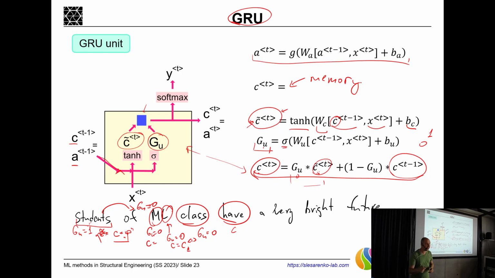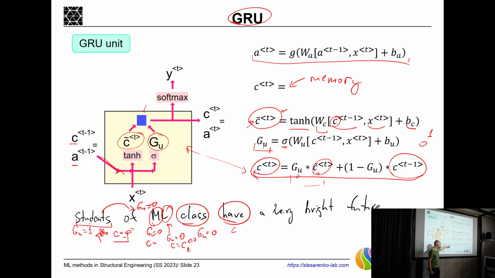And then if the next word is not related in some sense to this word, students, we do not touch this memory. This memory is still there. Then we have another word. This word, machine, has nothing to do with students. In this case, the gate will be 0. We have no updates. We still carry our C through the system.